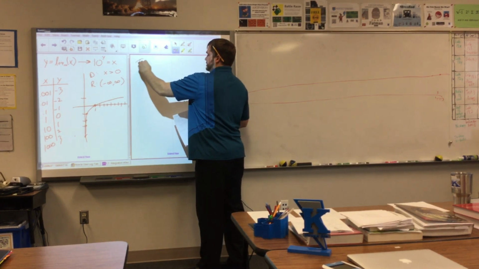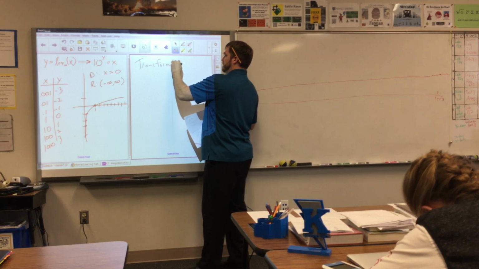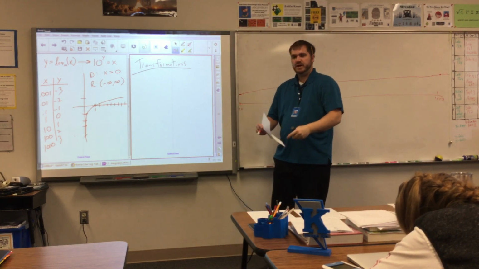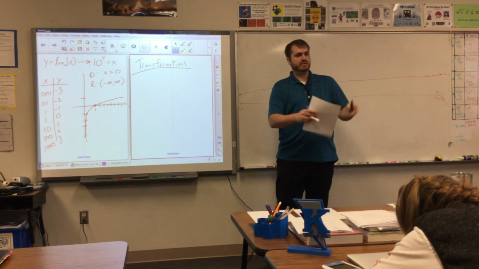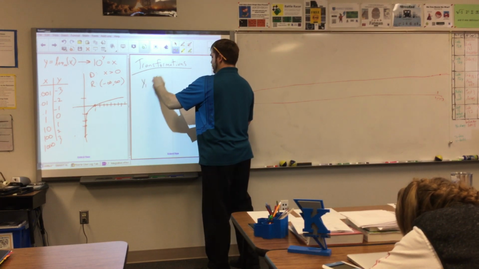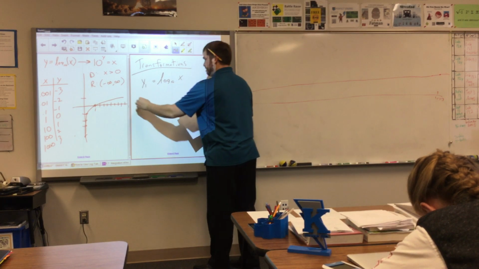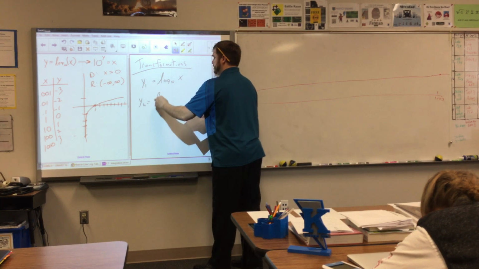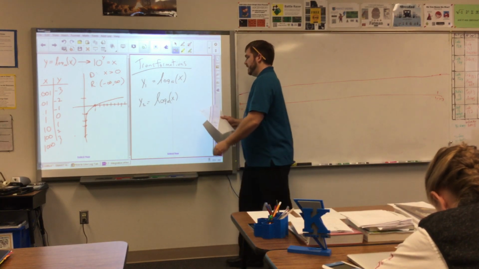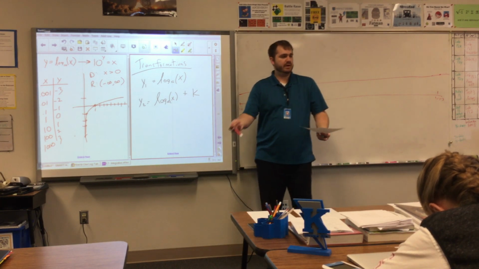So transformations. It's not enough to just graph it. You've got to shift it, move it around, do all that kind of stuff. So, for instance, if you have y1 is equal to log base a of x, and y2 is log base a of x, I'll put the parentheses there, and then you do plus k, go ahead and make a prediction.